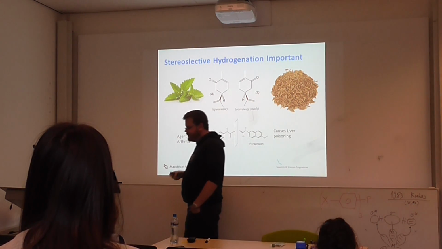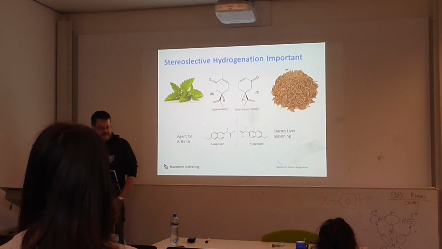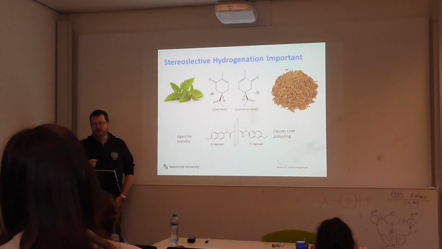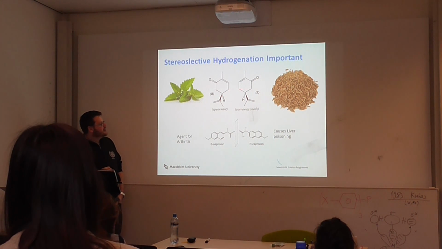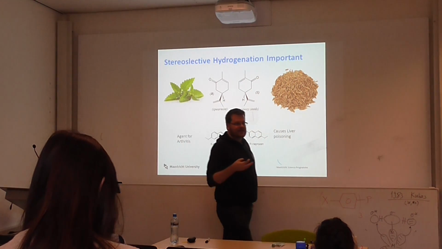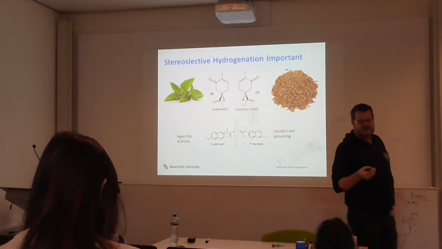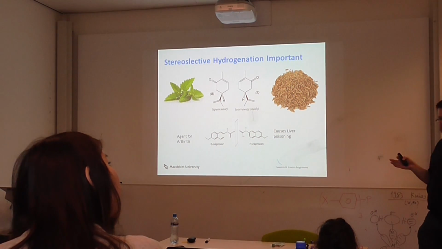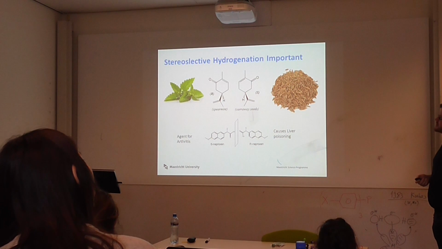The compounds responsible for the smell are mirror images of each other, enantiomers, with different stereochemical configuration at the chiral centers. Spearmint, of course, tastes refreshing, and caraway is what you would add to make stews and stuff like that, right? Totally different smell, because it interacts differently with your receptors.